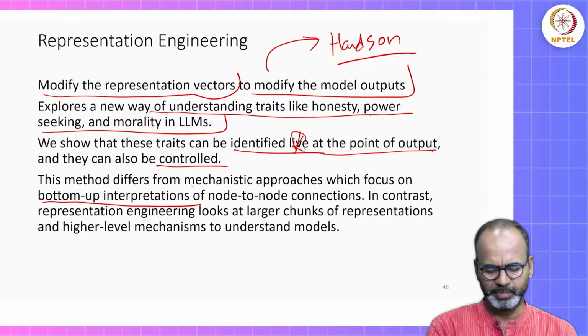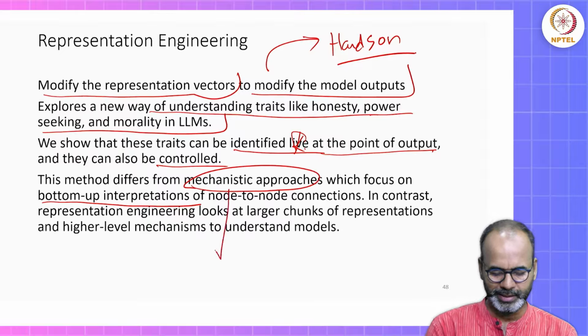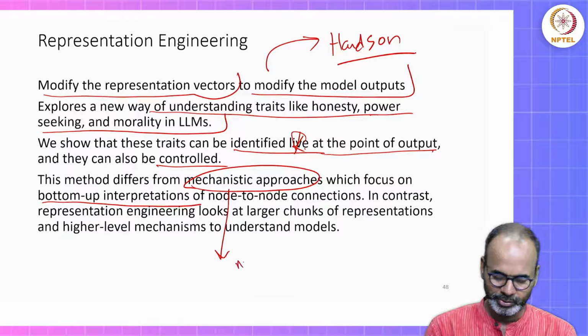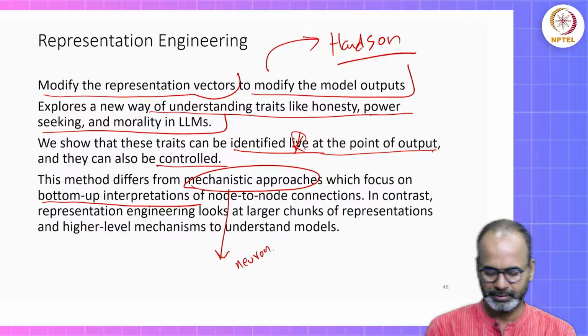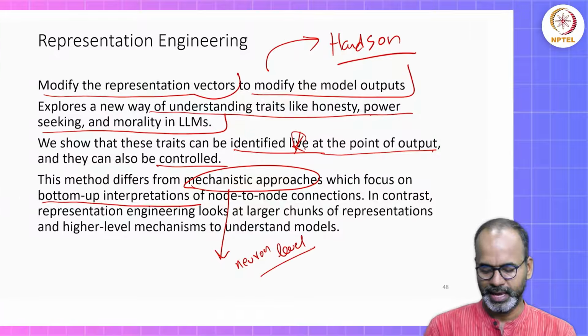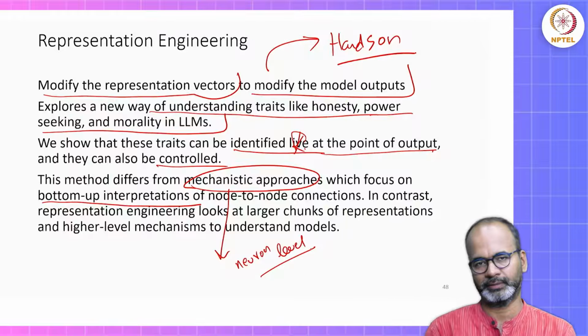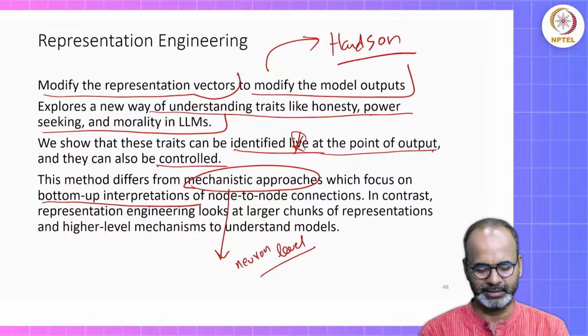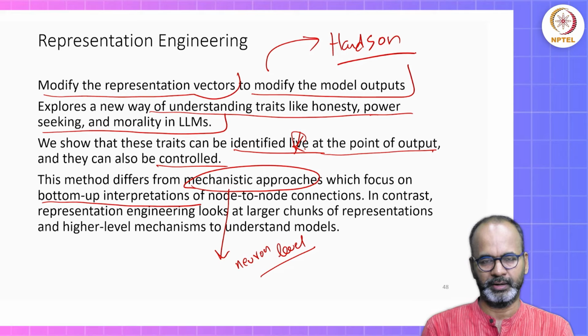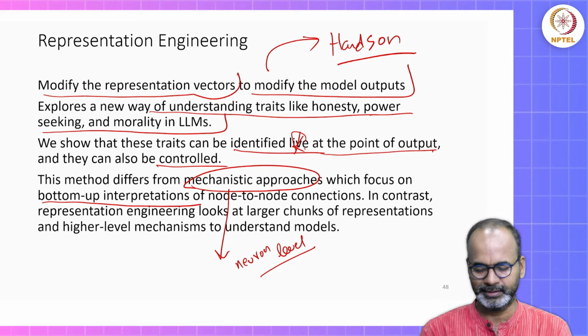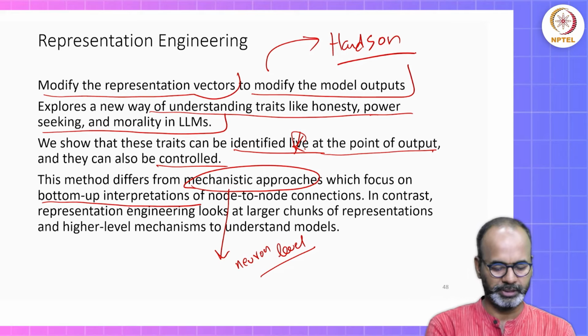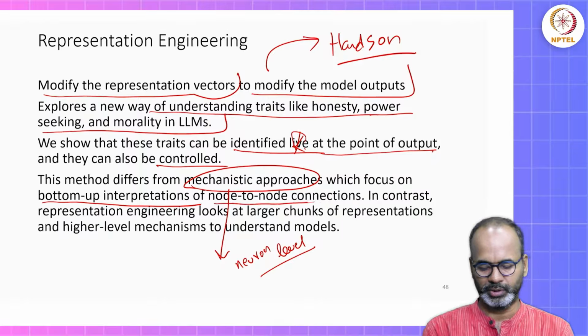We have not seen what mechanistic approaches are, but the quick idea is that you get to the neuron level and see how the model is performing. That's what mechanistic interpretability approaches are. We'll see them later in the semester, but they focus on bottom-up interpretations of node-to-node connections.